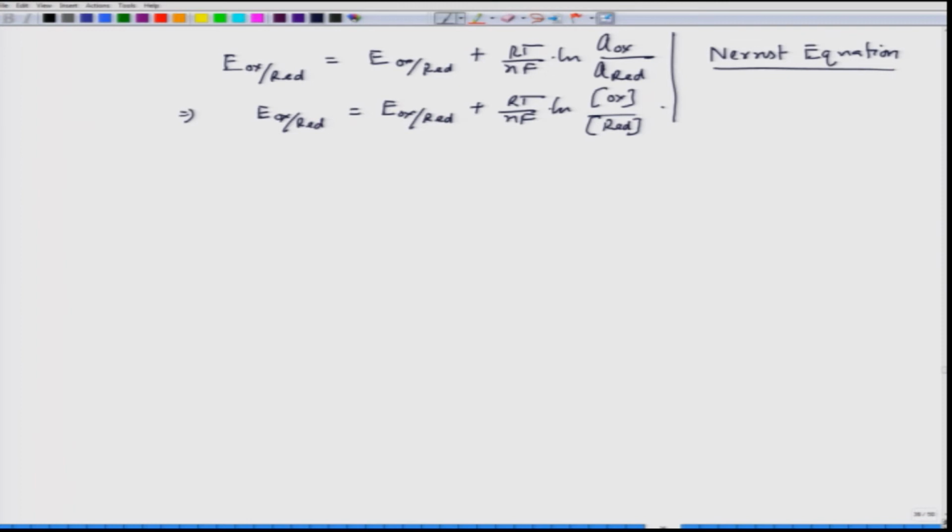Now, a similar pattern we can write in case of the zinc side. On the zinc side we can write E zinc plus plus zinc equal to E0 zinc plus plus zinc plus RT by 2F ln, and the copper side is similar.